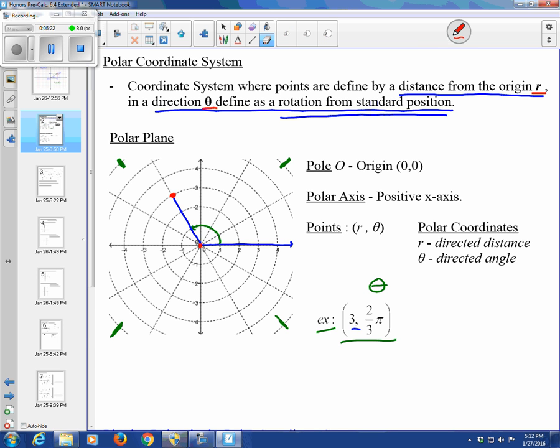So the rotation that we've drawn and the distance of 3 are generally things we won't draw when we're plotting polar points. In general, we want to be able to do that in the end without drawing this stuff out. But for right now, it's a good visual aid for us.